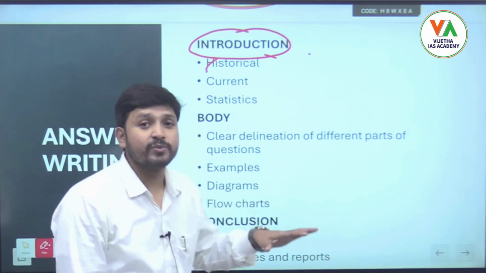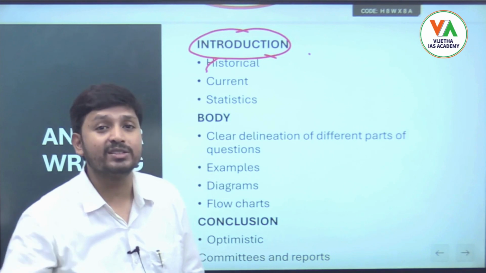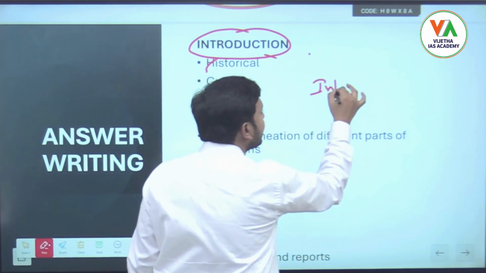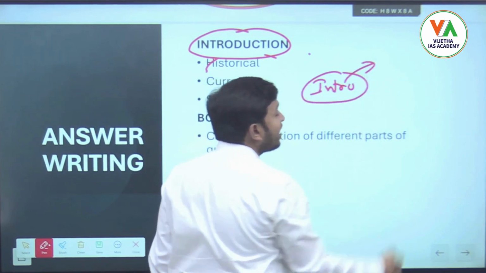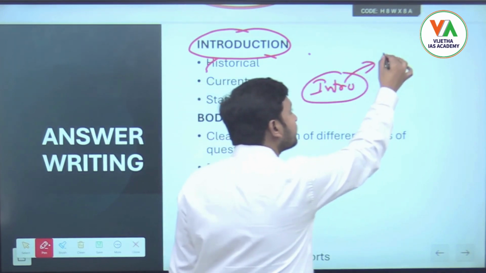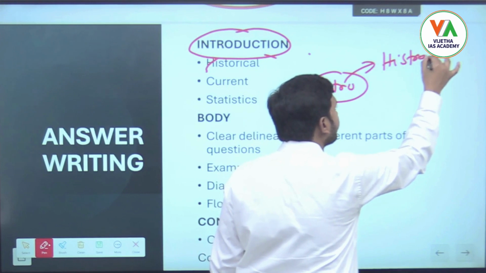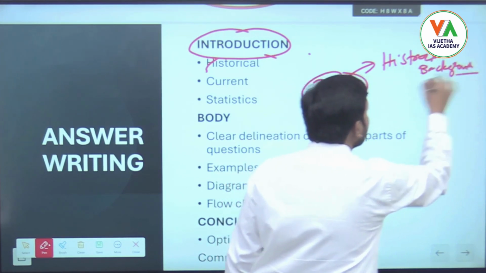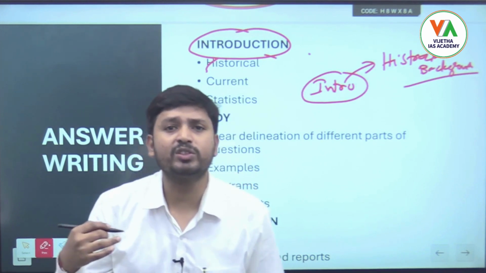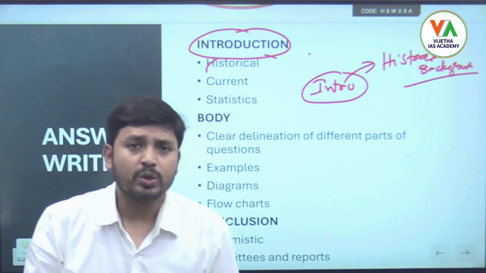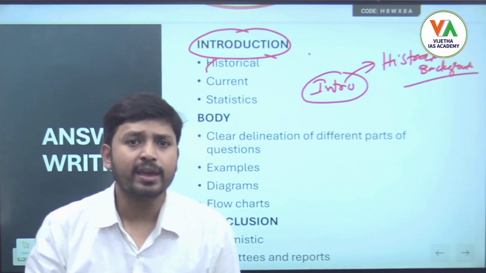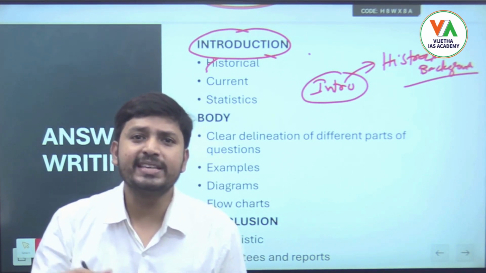So introduction is very important, and there are different ways to write it. For example, we can start with the historical background. Suppose they have asked about ISRO, for example the recent Chandrayaan mission, but they also ask you to explain something about ISRO.